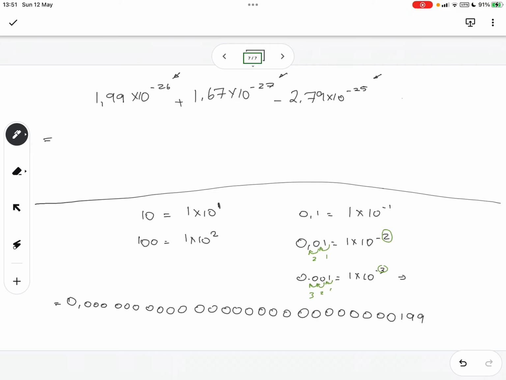This is what equals 1.99 times 10 to the negative 26, because we've got 26 zeros all the way to there.